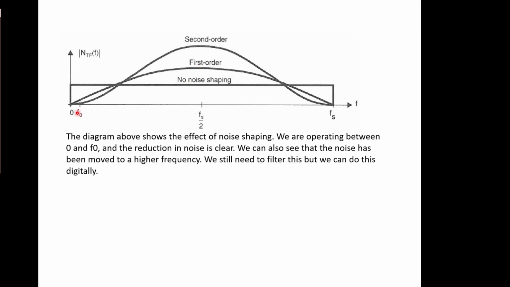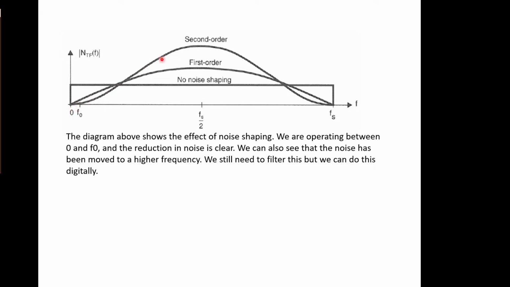So you can see that if you can constrain your signal bandwidth to be between 0 and f0, where the ratio between these two is the oversampling rate, then for the first order response, the noise level is very low at low frequencies and is rising a bit towards the top end of your message frequency, but it's a lot less than the noise floor that would have been the case for no noise shaping.